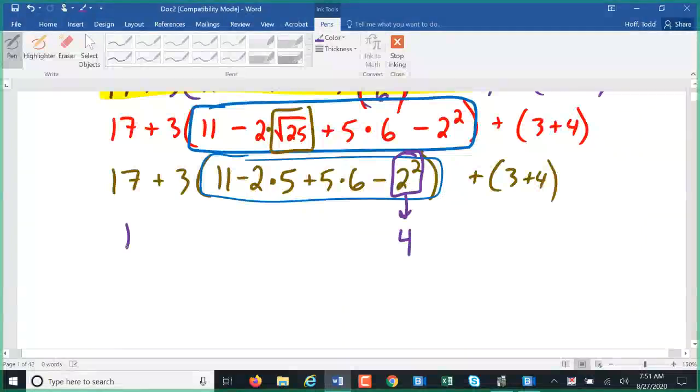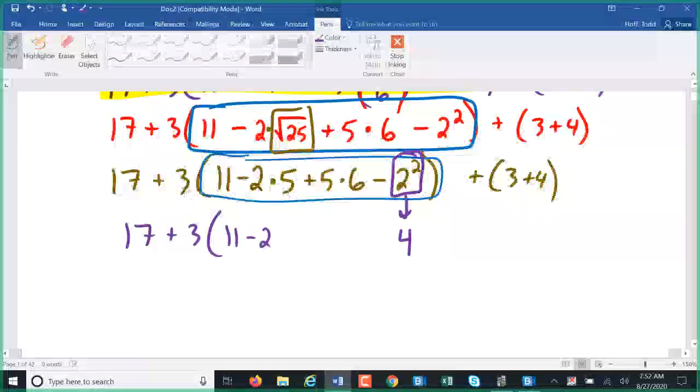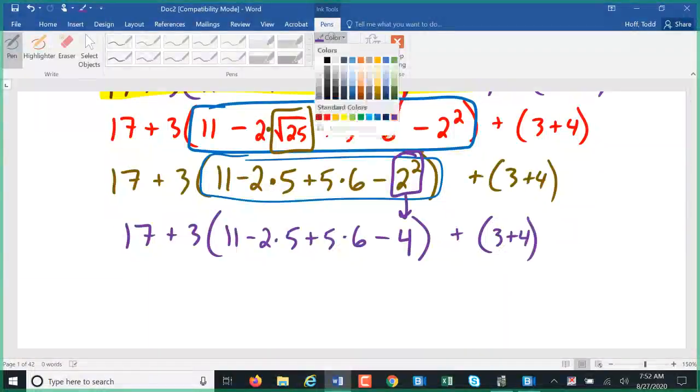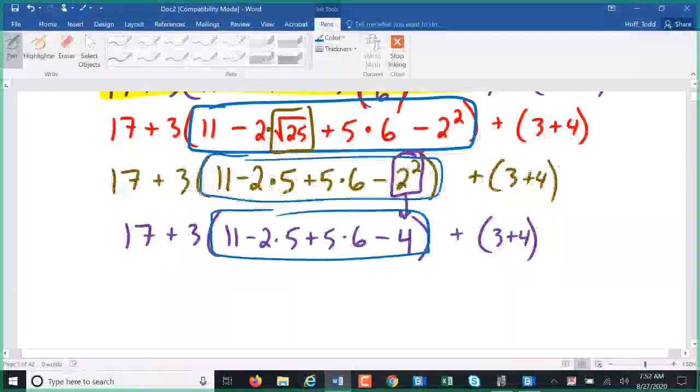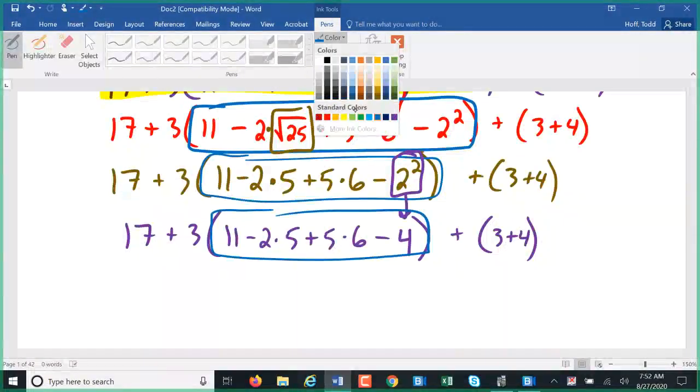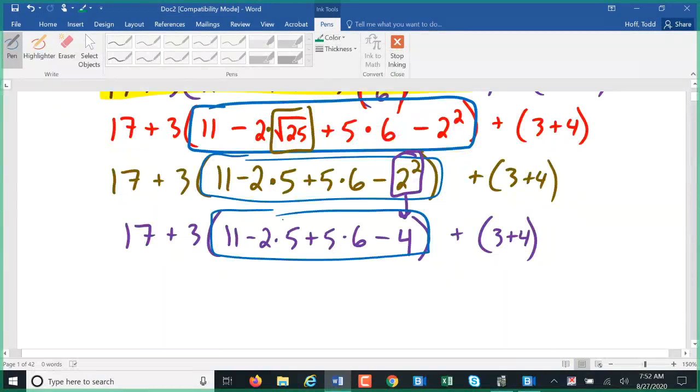So let's rewrite the rest of that problem again. Next, inside that parentheses still, no more exponents, so we are down to multiplication and division. Go left to right. 2 times 5 will be 10.